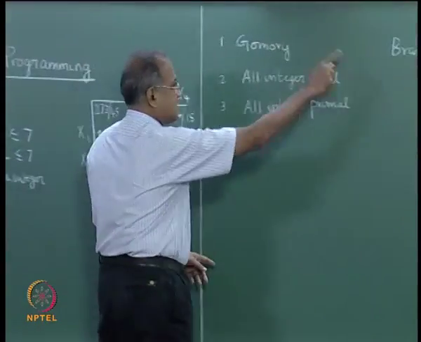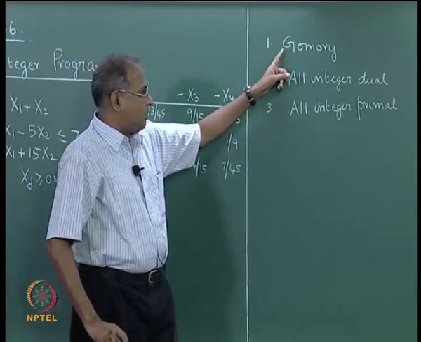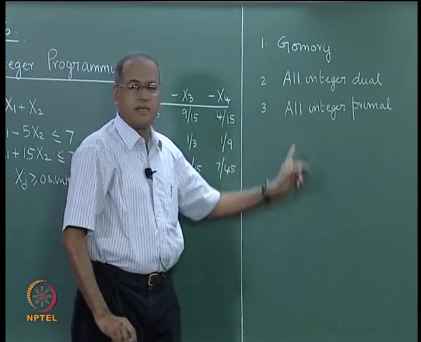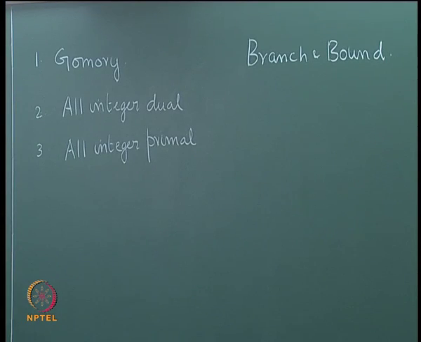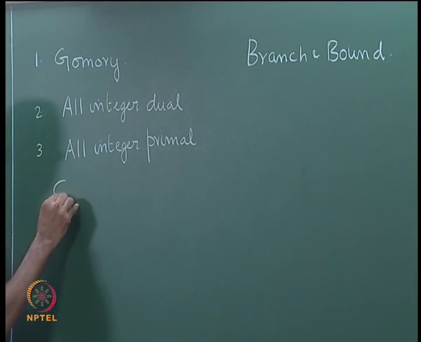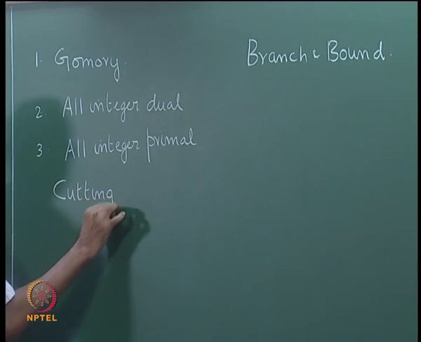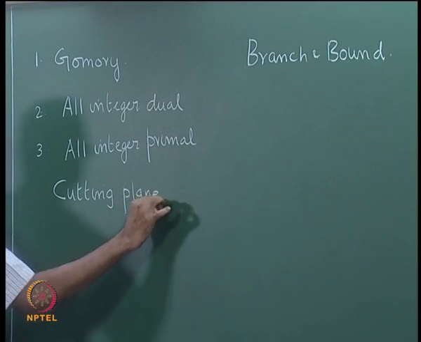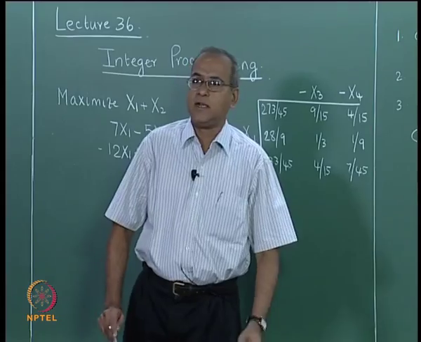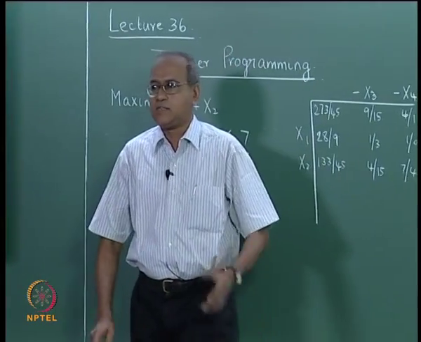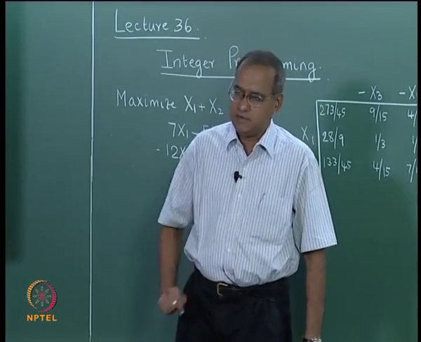Now if we see this classification, I have written the Gomory cutting plane algorithm, all integer dual and all integer primal algorithm on one side and branch and bound on the other. The reason being these 3 come under a very generic category of what are called cutting plane algorithms, and branch and bound is a separate class of algorithms to solve integer programming problems. The essential difference lies in the fact that at every iteration we add one constraint, which is called a cut, in a cutting plane algorithm, add a constraint to the existing solution and then solve it again.